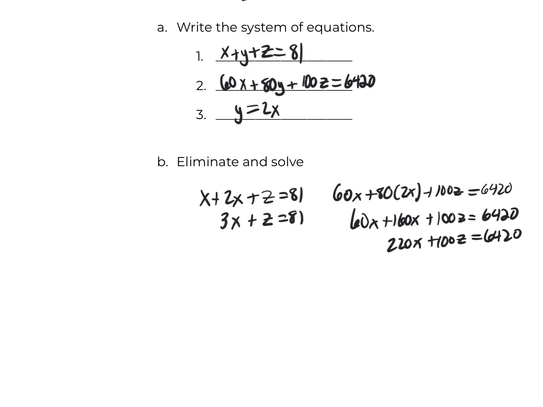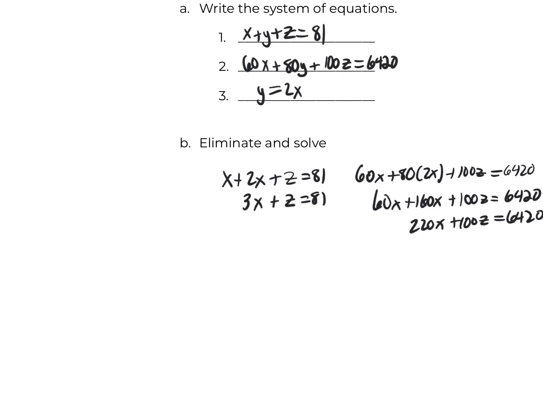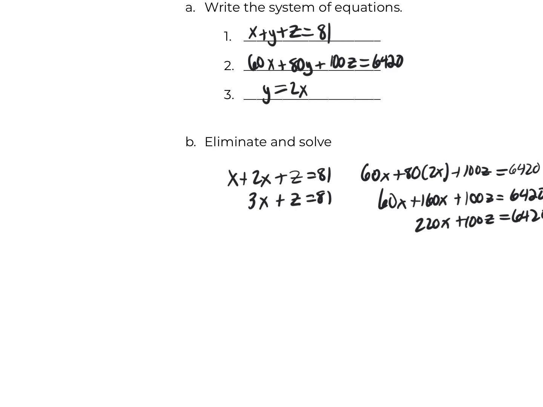So now I have 2 equations that just have x and z. So I can see if I can create an opposite pair. 3x plus z equals 81. I have 220x plus 100z equals 6420.